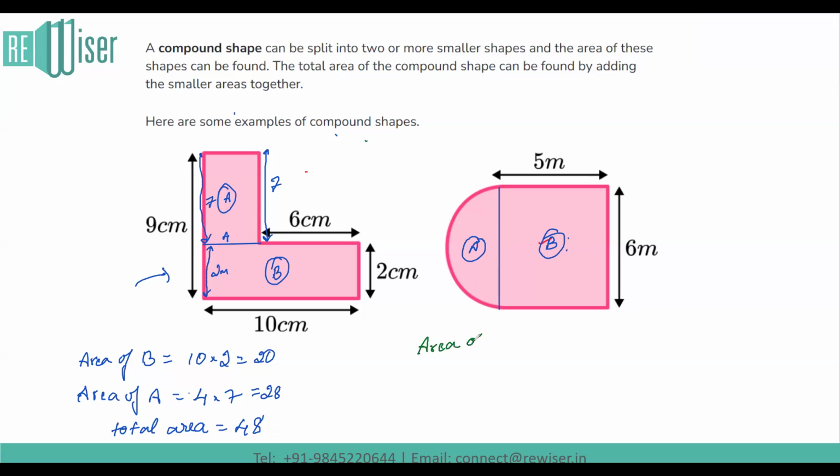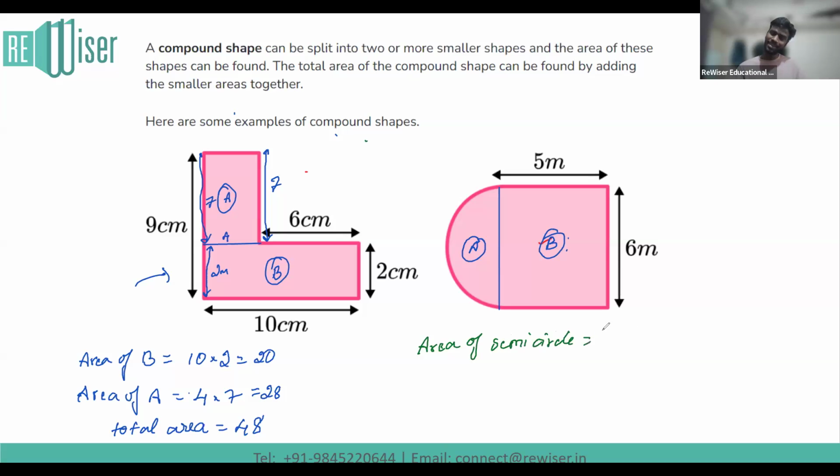Half pi. Yeah, half pi into r squared, because the area of a circle is just pi r squared.